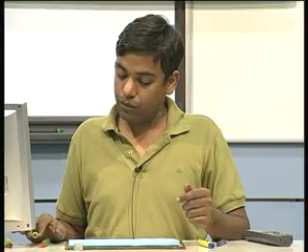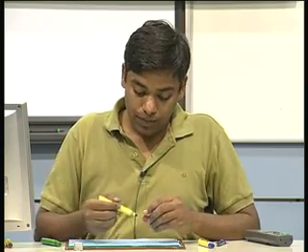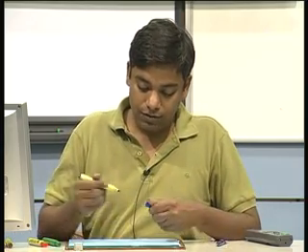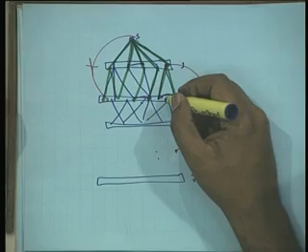Count the edges that go from elements of the same level to each other. If you have two elements of the same level which are connected, we won't count those edges in the tree. If I have an edge between two vertices of the same level, this edge is not part of the BFS tree. Why?